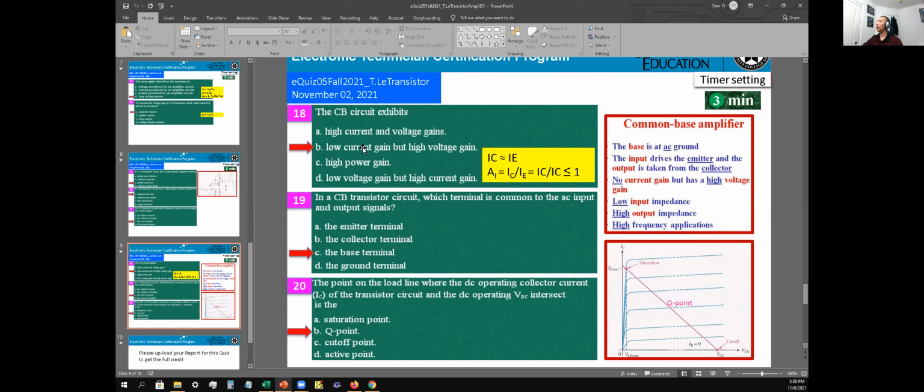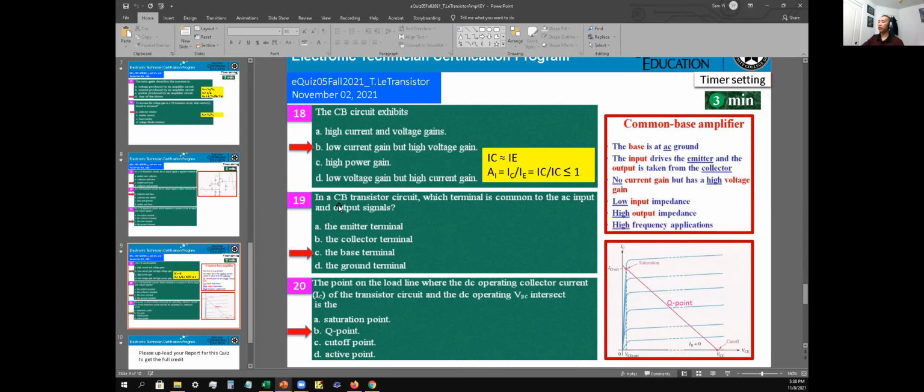The gain is going to be less than 1. So B, as in Bob, for number 18.